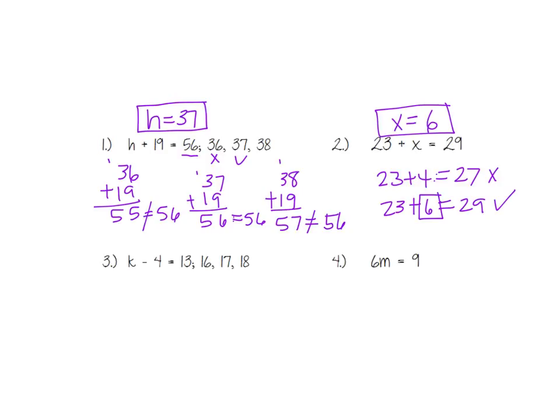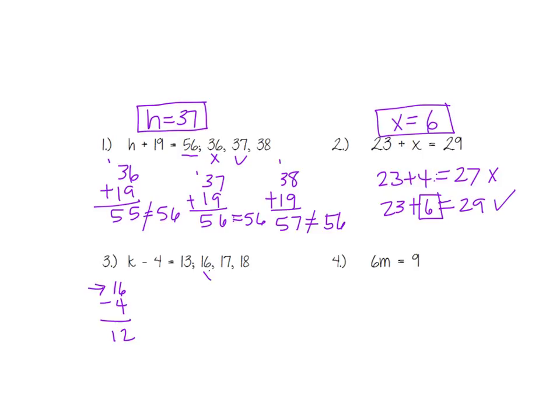Here we have one where it gives us values to try. We have k minus 4 equals 13. Do you notice that little semicolon there? It's telling you try these values, 16, 17, 18. So we have a value and we're taking 4 away from it, and we want our answer to be 13. So 16 minus 4, so that's what k is, 12.